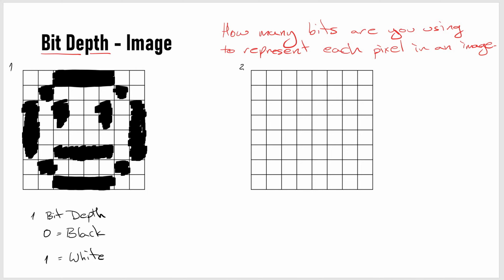I can change the colors. So if I want to make, for example, this pixel over here black, this pixel over here black, and so on and so forth, I can do this. I can mess around with the different colors of the individual pixels, but I cannot actually add any other colors. For this image, they just do not exist. They are not capable of being represented.